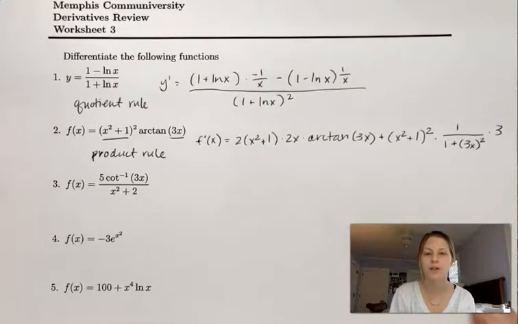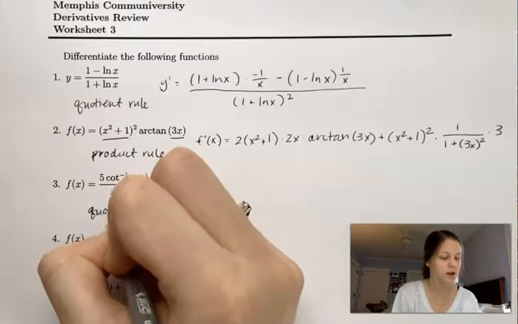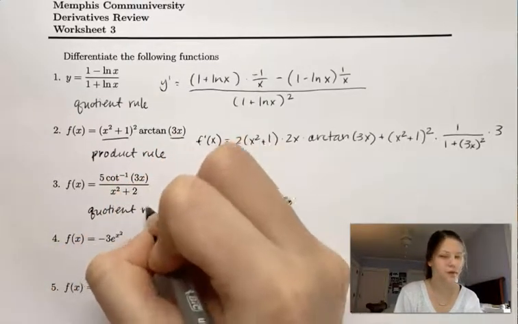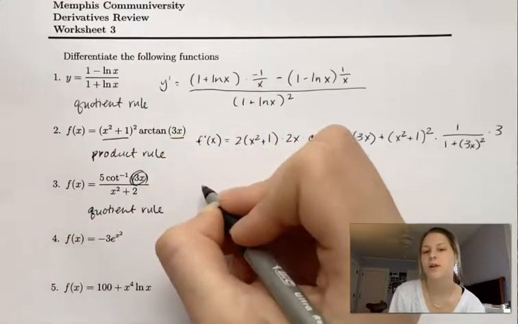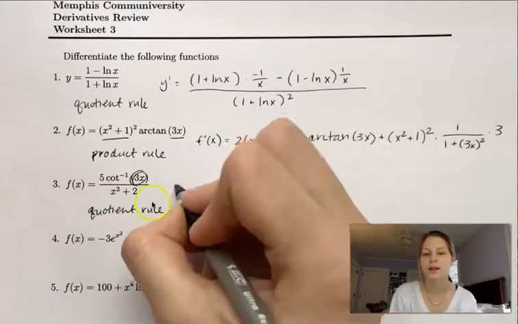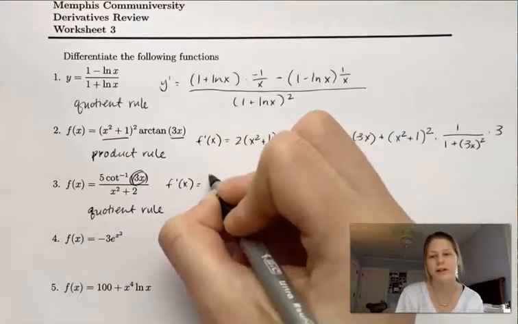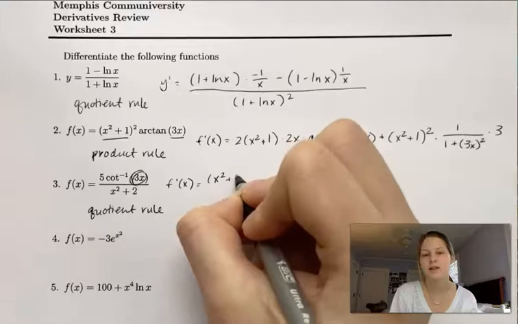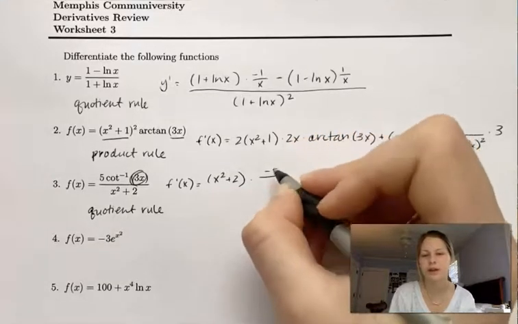Okay, our next question is a quotient rule question. And there's also the chain rule involved, which is why I circled that 3x to indicate that we do have chain rule in this question. So the answer we get is f prime of x is (x squared plus 2), so low d high minus high d low.